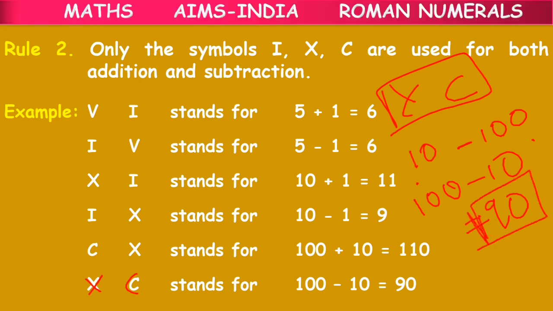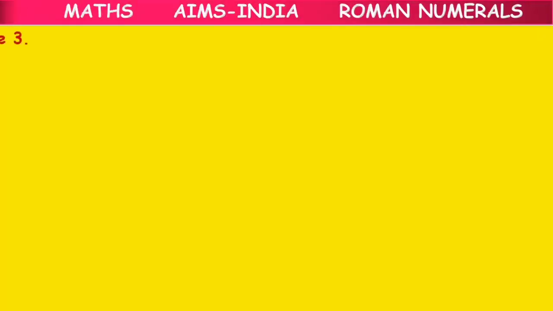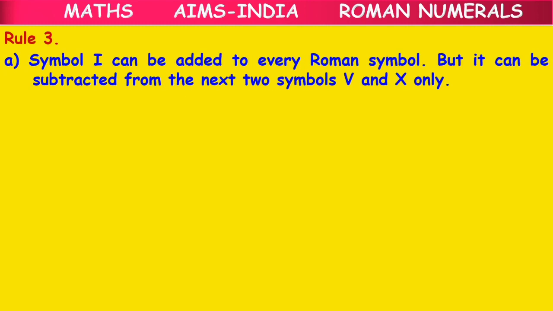Understood, children? We read that the symbols I, X and C are used for both addition and subtraction. This was our rule number 2. Rule number 3: symbol I can be added to every Roman numeral, but it can be subtracted from the next two symbols V and X only.